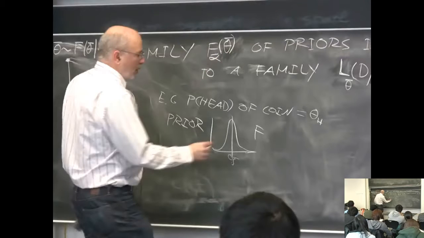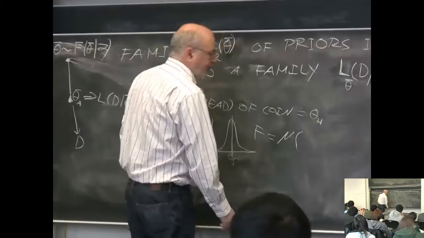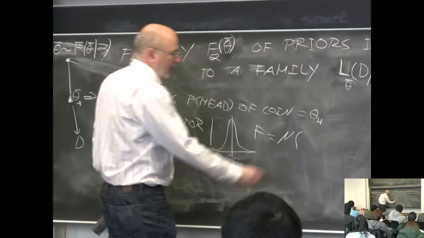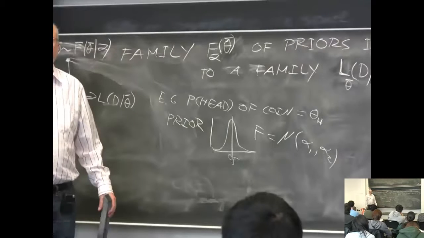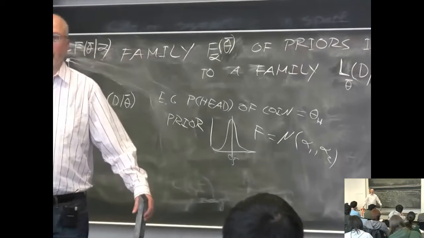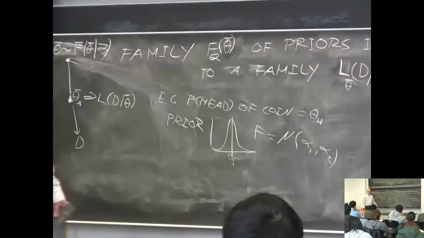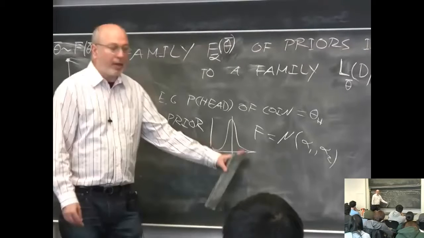So I could say that F would be the normal distribution parameterized by alpha 1 for the mean and alpha 2 for the standard deviation. The mean and the standard deviation could be anything, but once I fix them, they represent this particular Gaussian.